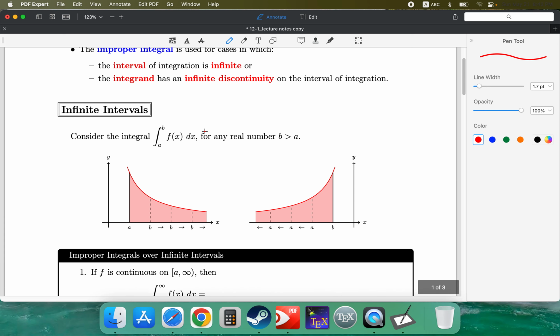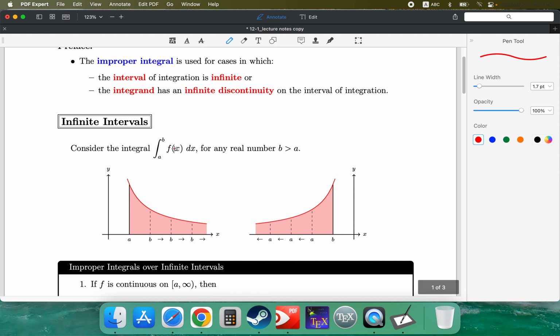Here's the idea. We want to integrate f of x from a to b, just like a normal integral, where both a and b are just numbers, and b is greater than a. Now the idea is to fix a, and then increase the value of b.